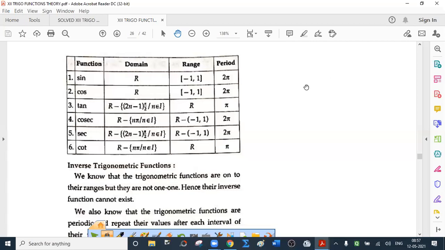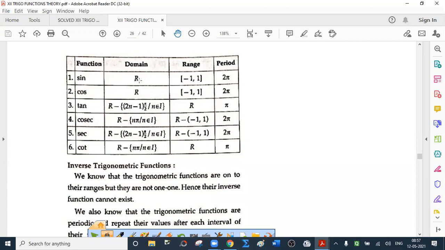Basically you should know about this part, at least about sine, cosine and tangent. For the sine function, what is the domain? It is R. What do you mean by domain? If I say sin x, then the set of all values which can be assigned to x, that is the angle, is the domain.